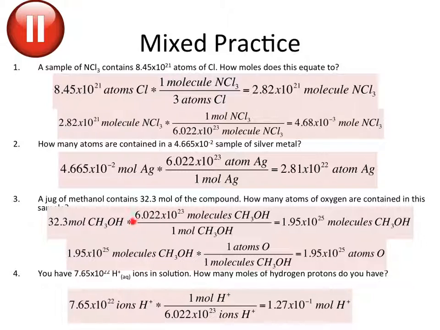We can't go from moles of a molecule to atoms of the elements in that molecule. We first have to figure out how many molecules we have, and then how many atoms. Finally, the last one, we have ions of H+, and we want to figure out how many moles of hydrogen there are. It's the same species, H+ ions and moles of H+ ions, so we can go directly using that one step.